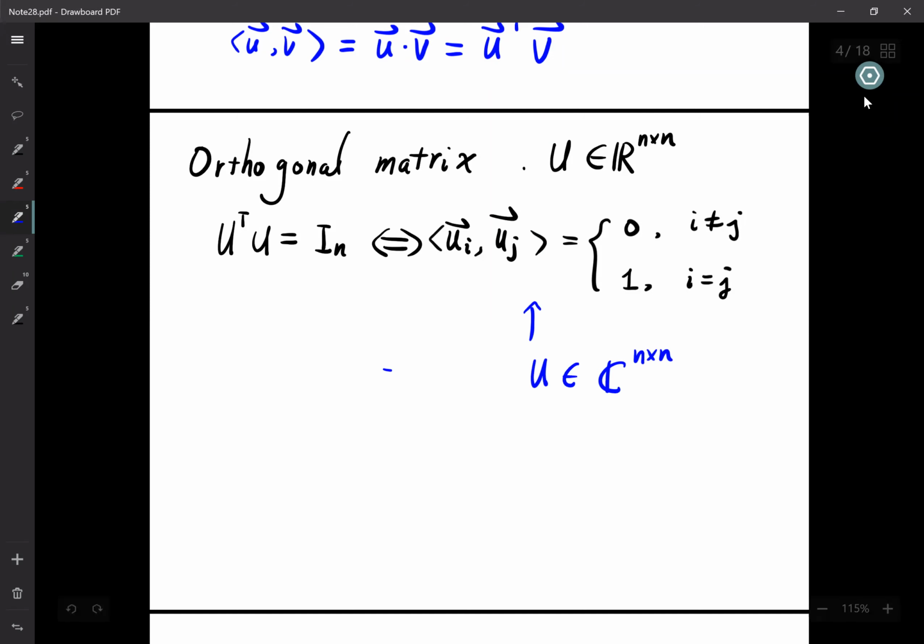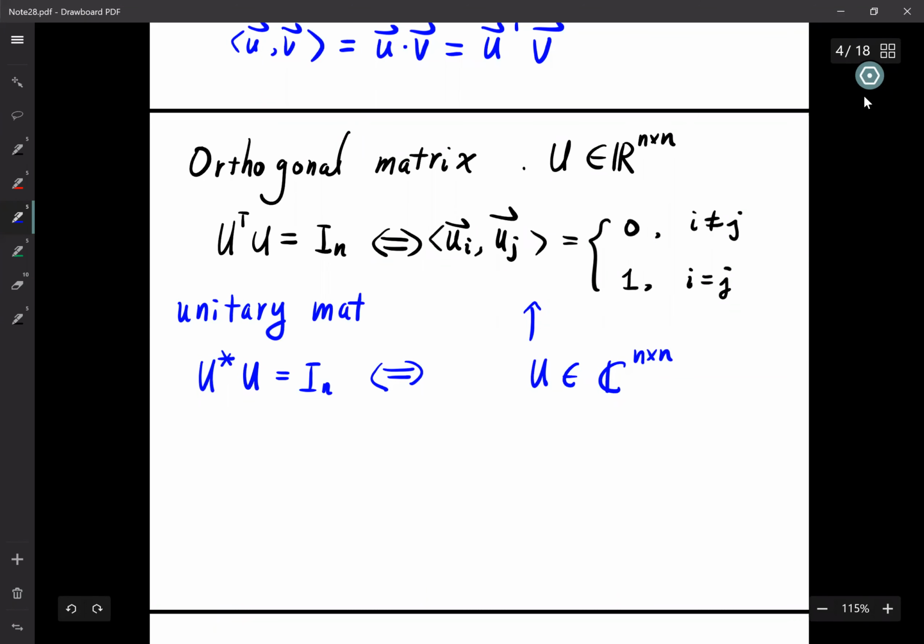And therefore this becomes U star U equal to identity in the complex case, and this is called a unitary matrix. So a unitary matrix is really the generalization of the orthogonal matrix, or most accurately, the real orthogonal matrix, to the complex case.